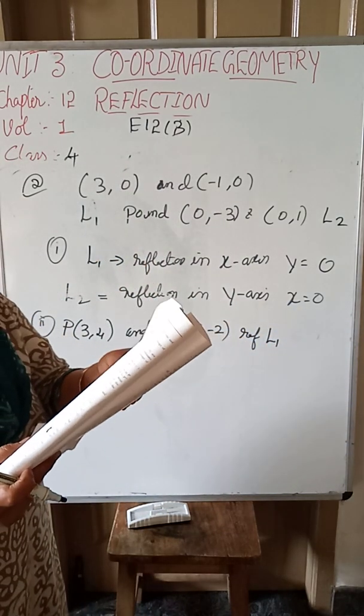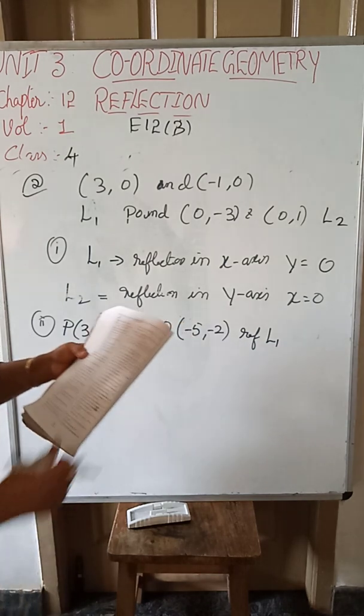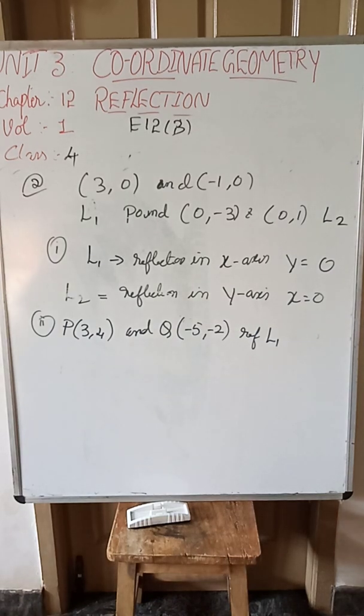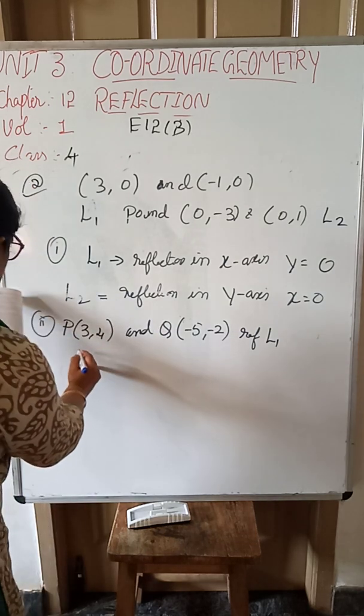Name the images as P dash and Q dash respectively. So, write down the images.